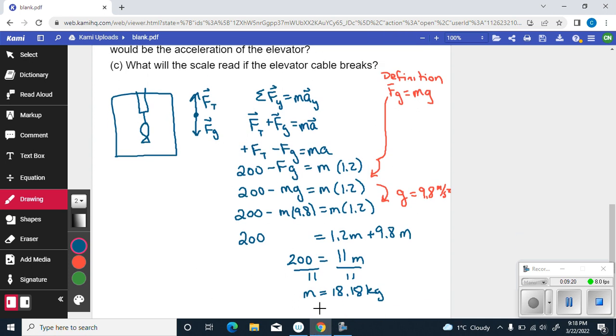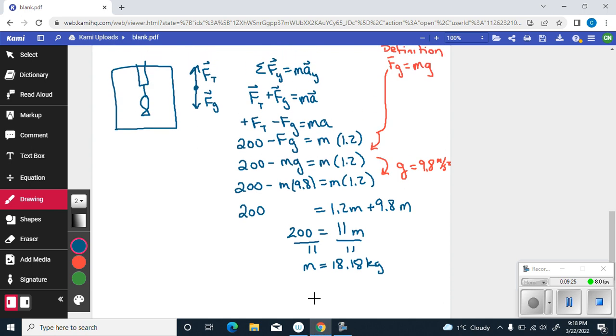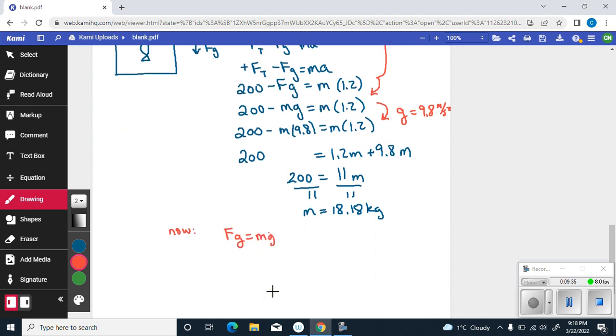So if I know my mass, let's then sub that back in. Sorry, I'm bouncing around here. Into this whole FG business. So now we're going to say my FG is equal to mg because I want to know the true force of gravity. I just figured out that I have a mass of 18.18. And I know g is 9.8. So let's calculate that.